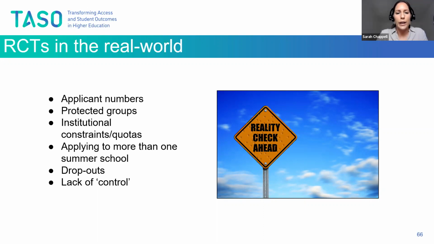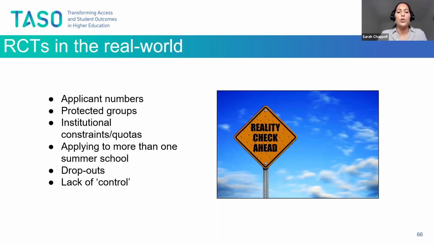Which brings me on to this point on lack of control. We know that students are likely to have been involved in more activities than just the summer school. They might be involved in additional outreach activities. They might have applied to summer schools outside of the trial that we can't control. But the good thing about RCTs here is that we know that both our treatment and control group are exposed to the same availability of outreach activities.